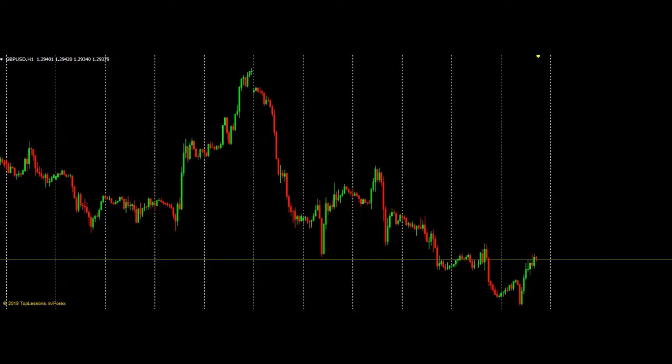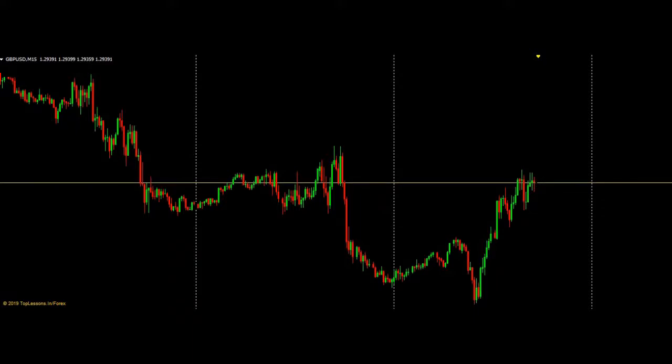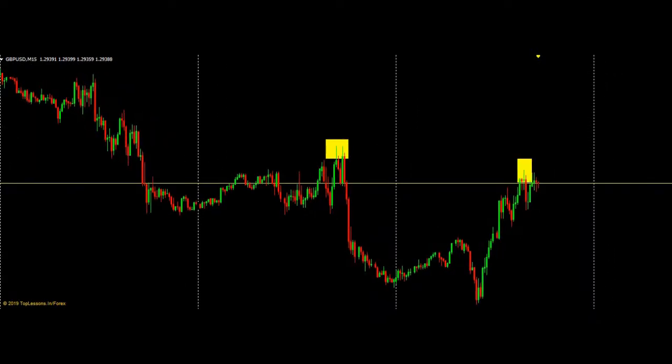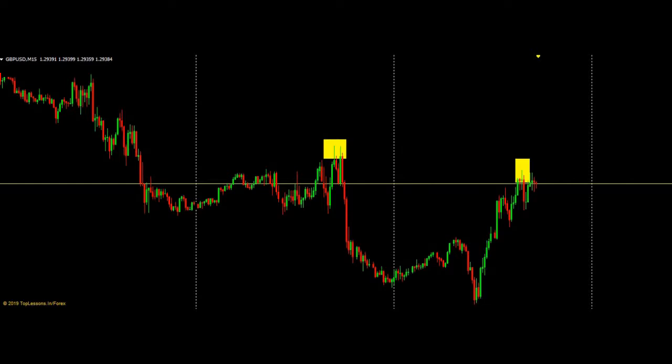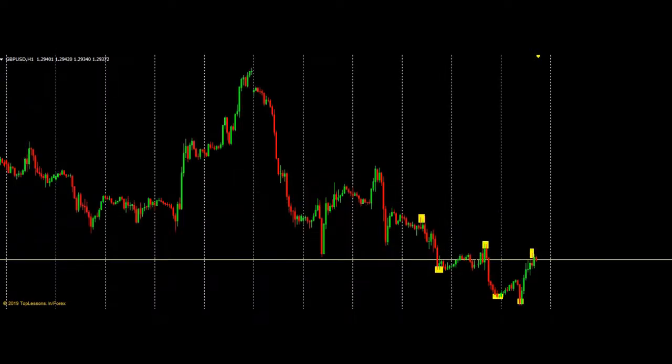We go to the 50-minute chart. We can identify this peak, these high peaks, these low peaks, and in the 1 hour chart we can identify the high peaks, low peaks, this high peak.